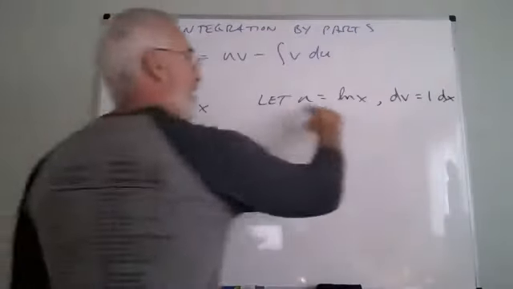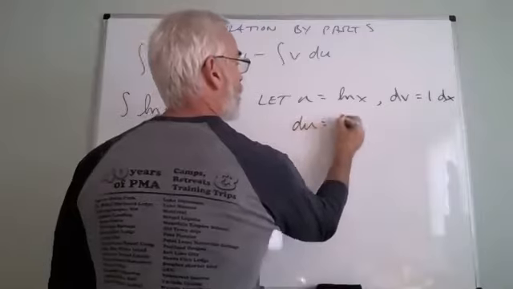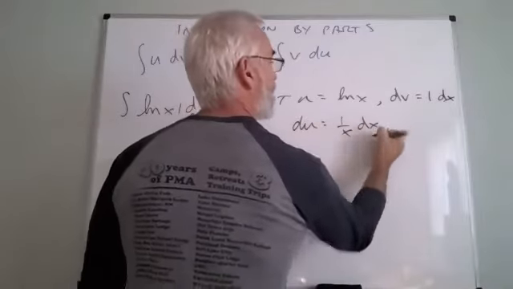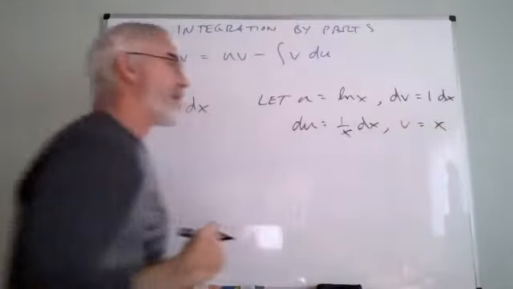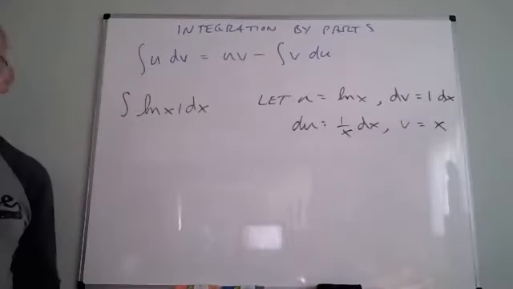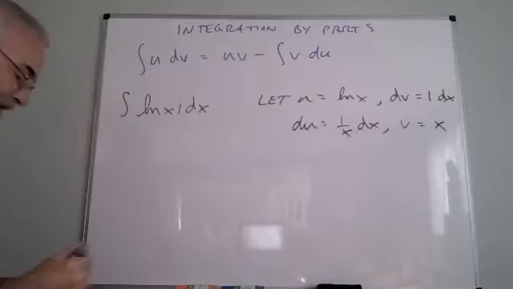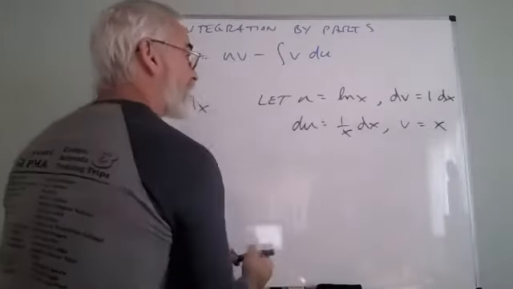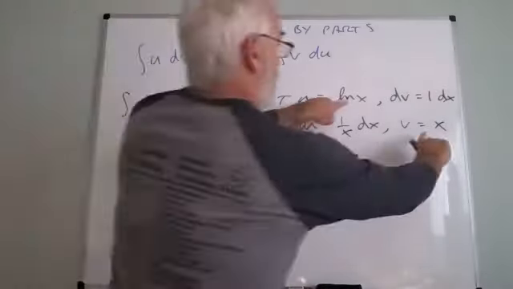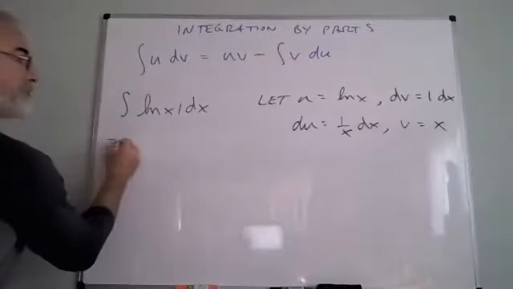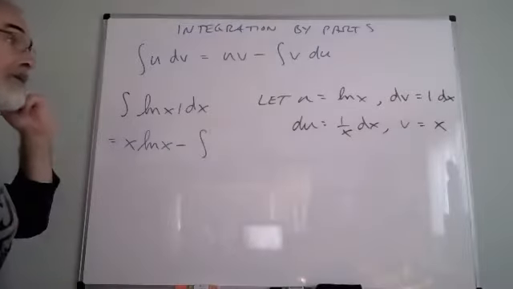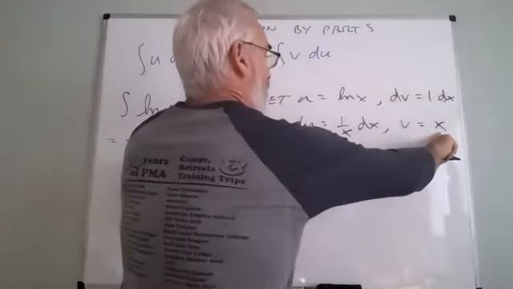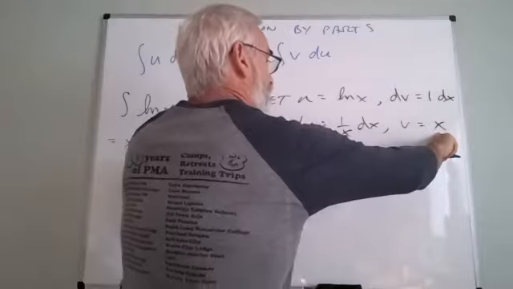Now with that, the derivative here, the du will be 1 over x dx, and the v will be the antiderivative, or just x. Now remember, we hold off adding the arbitrary constant until we're all finished with the integrations. Now, with this particular substitution, my answer is uv minus the integral of v du, which is very, very nice because 1 over x times x is just 1.